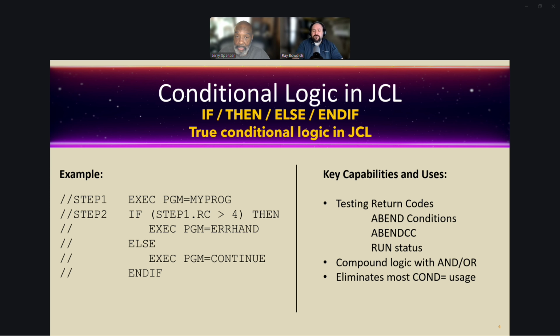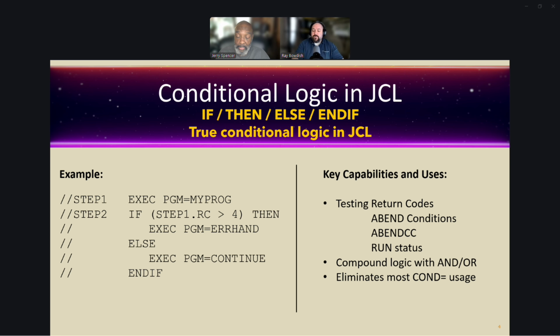Typically, a return code of 4 means there was a warning, but you're probably okay. You kind of have to know what program you're running, just to make sure that when you're writing these conditional statements, you don't accidentally go ahead when there was what should have been a stopping error.